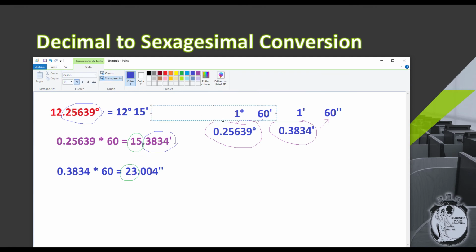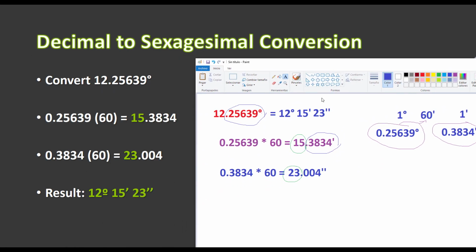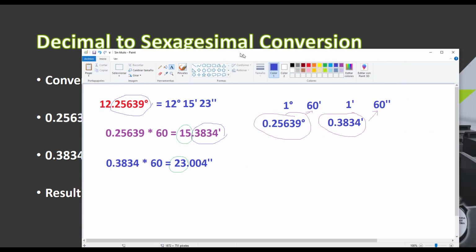Yeah, 23 seconds. If you check here, 12.2563.9 degrees to the sexagesimal conversion. There are 12 degrees, 50 minutes, 23 seconds. Yeah.